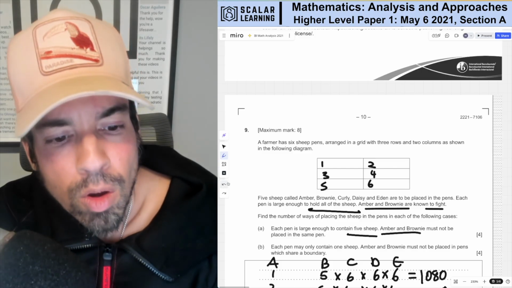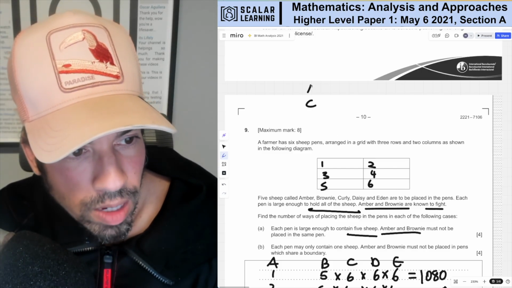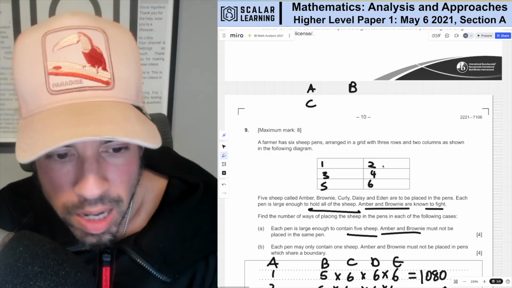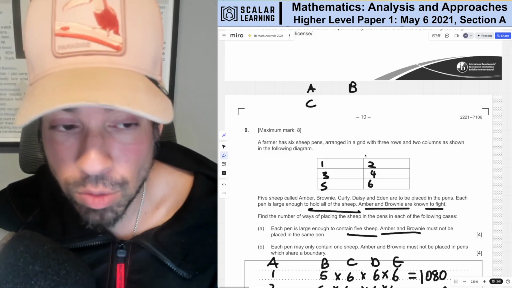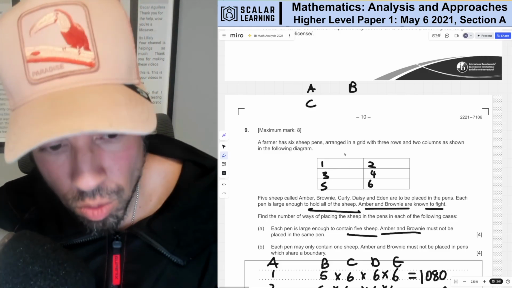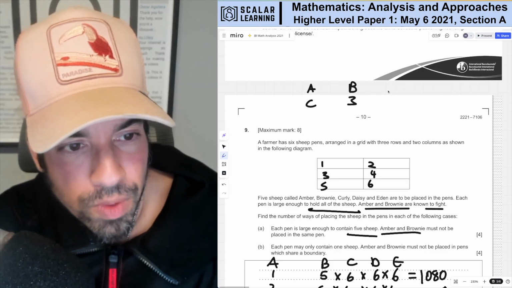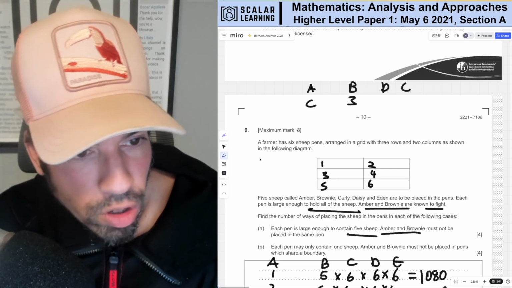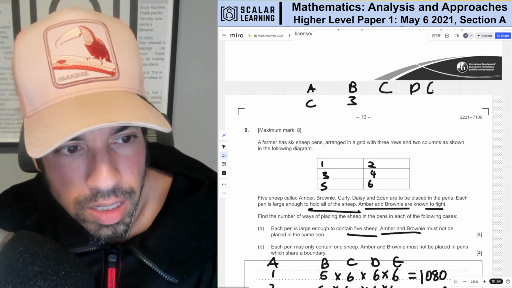So when A is in the corner spot, B is restricted from 2 spots, but can go in the remaining, and can't obviously go in 1 because that's the same spot as A, because only 1 per pen. So B will have 3 options. And then what about C, D, and E?